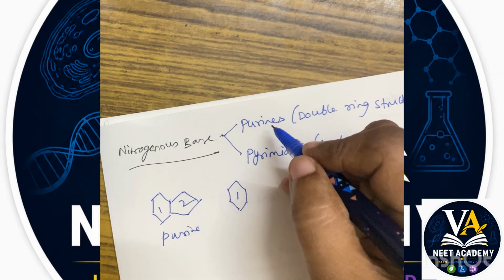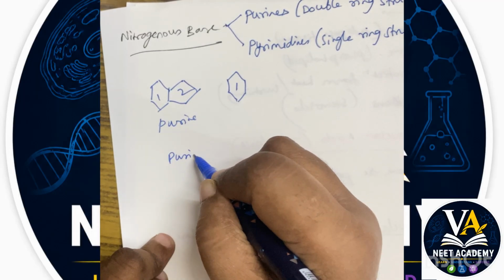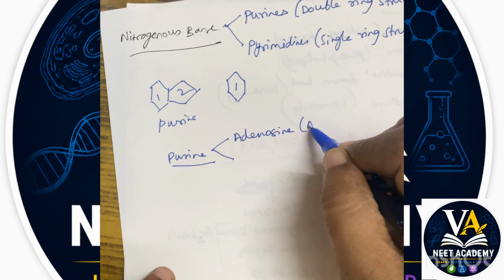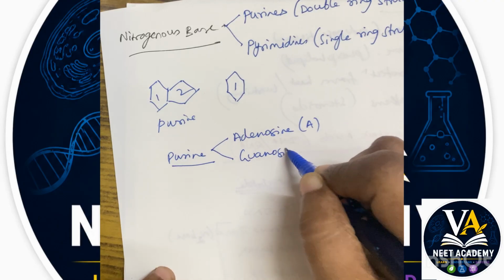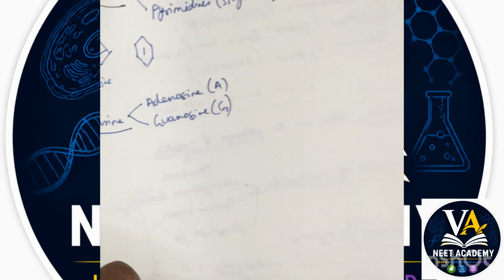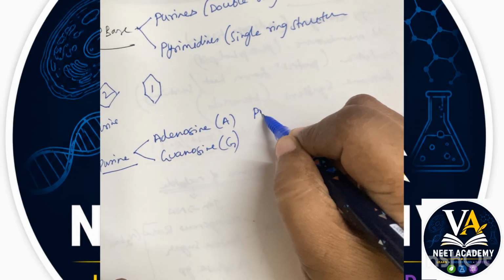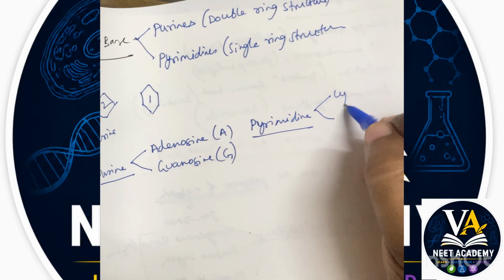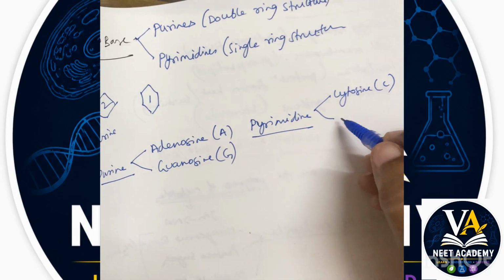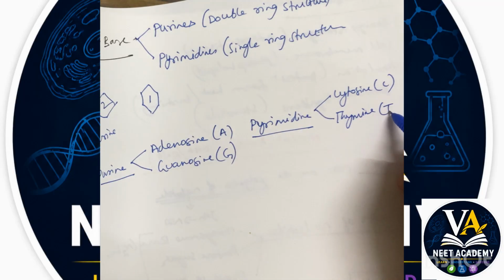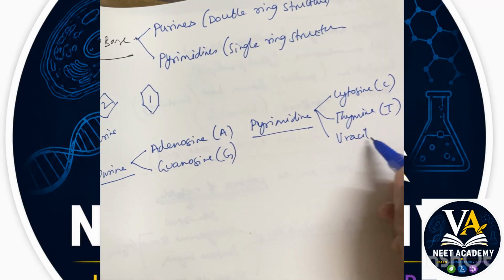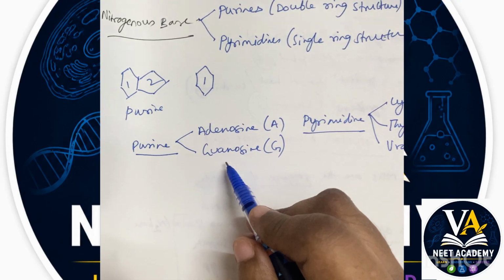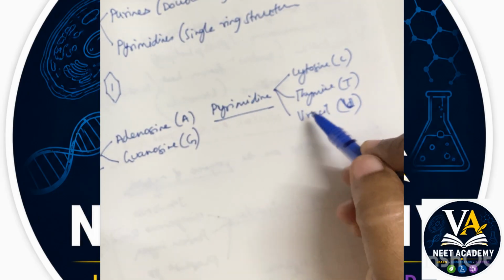Now purine has two types: adenosine, shortly written as A, and guanosine, shortly written as G. And pyrimidine is of three types: cytosine, shortly written as C, thymine, shortly written as T, and uracil, shortly written as U. So purines are adenosine and guanosine, A and G; pyrimidines are cytosine, thymine, and uracil.